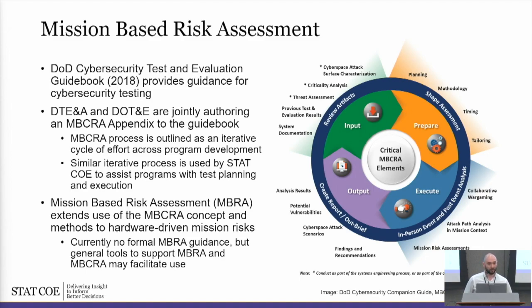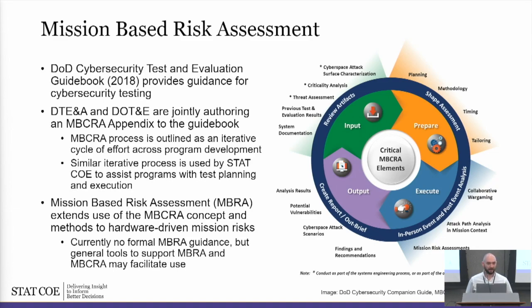So the idea with what we're looking at here for mission-based risk assessment is essentially taking that same concept, but applying it in a domain that is not necessarily constrained to just deal with cyber effects. Because obviously resilience can be a huge issue with hardware systems as well.